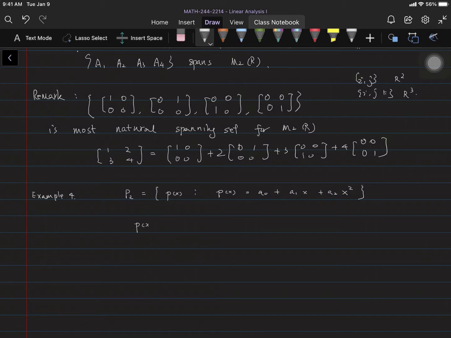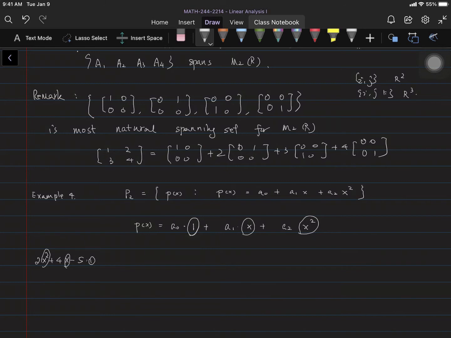Any polynomial is a0 times 1 plus a1 times x plus a2 times x squared. So actually any polynomial is a linear combination of those 3 things, right? For example, 2x squared plus 4x minus 5 is a linear combination of x squared, x, and 5 times 1.